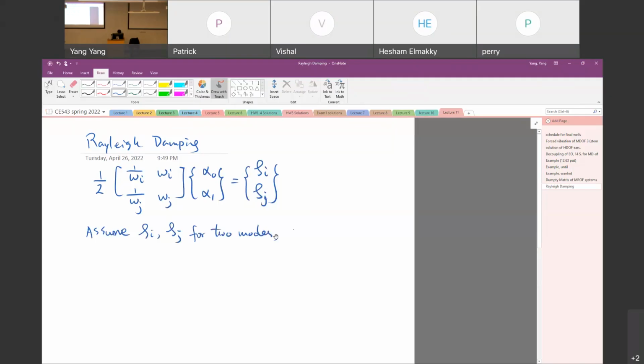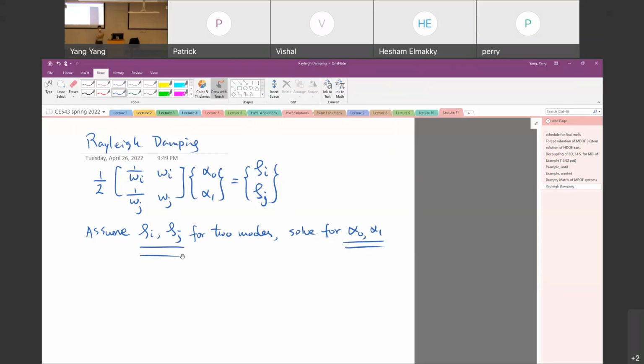Typically for Rayleigh damping, we need to use two damping ratios. For example, you can pick the first mode theta 1 and the third mode theta 3, and then use that equation to solve for alpha 0 and alpha 1.